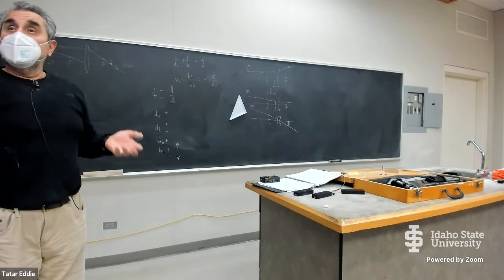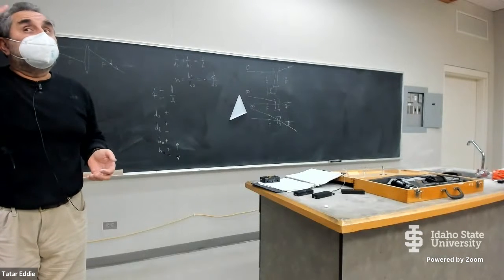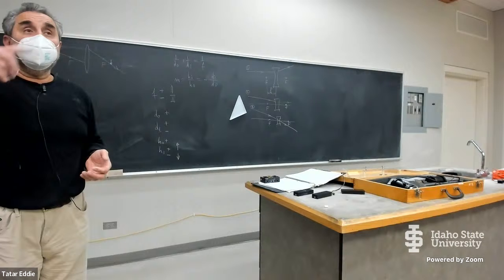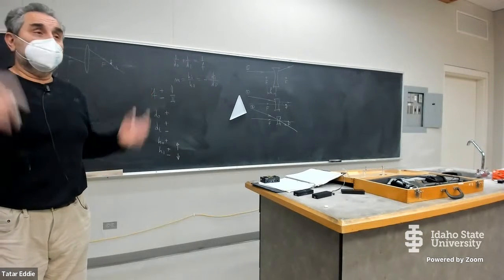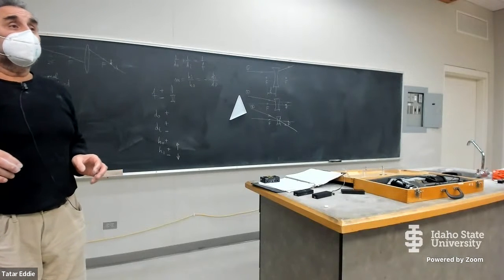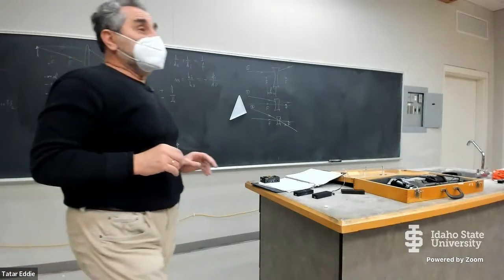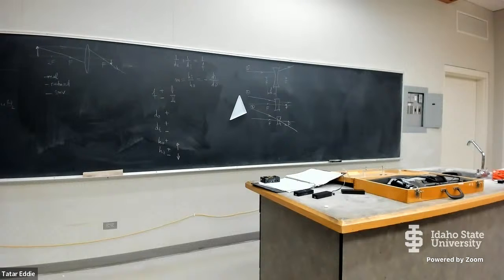As strange as it seems, our brain is doing the processing and making the world upside up rather than inverted. So we're going to continue with diverging lenses and with the human eye, and maybe some optical instruments here and there, microscope, telescope, next time.